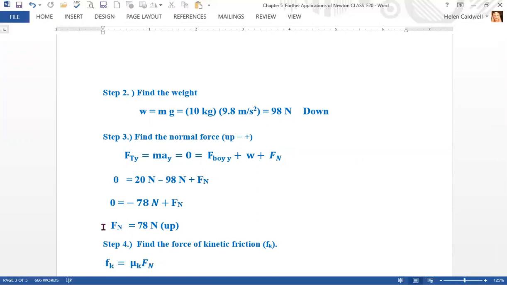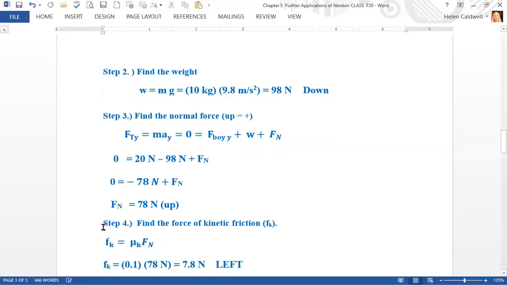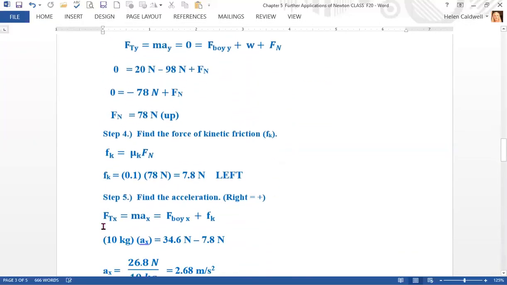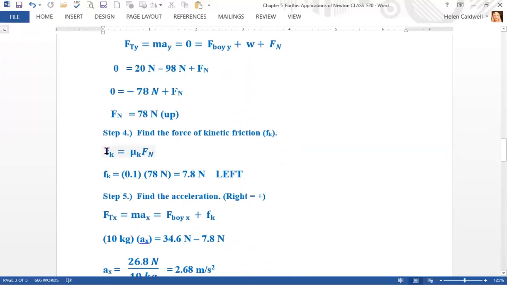We still can't use the horizontal force equation because we don't know the force of friction, but we can find the force of friction. So we can find it using our new equation. F sub k is equal to mu sub k multiplied by F sub n.